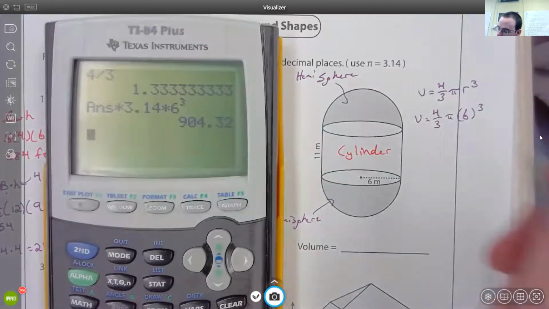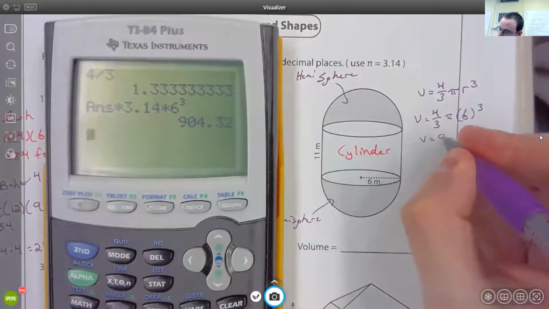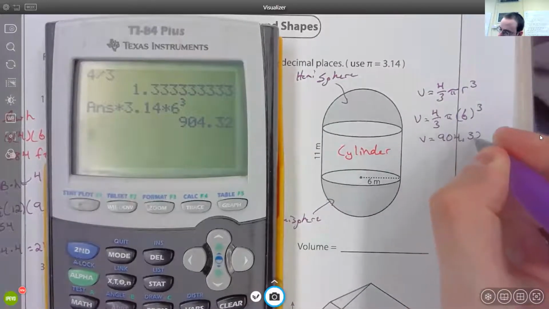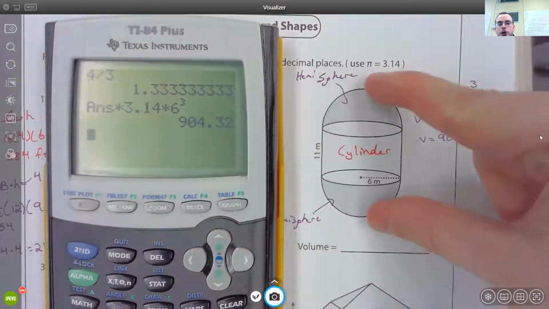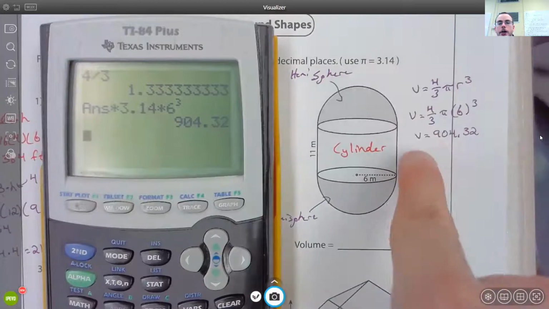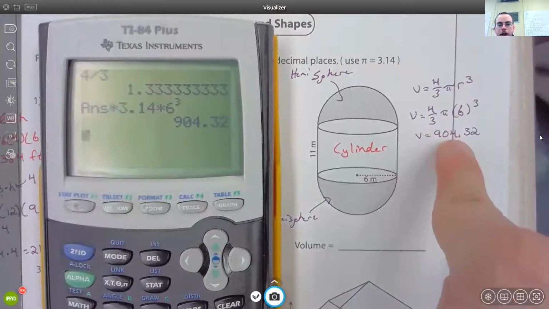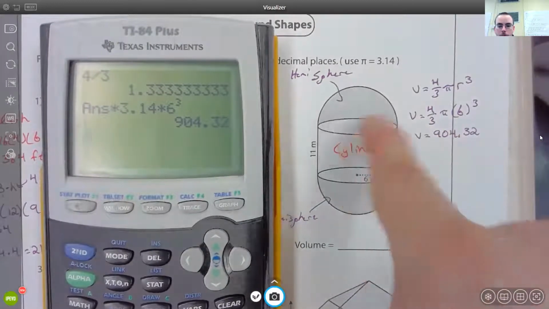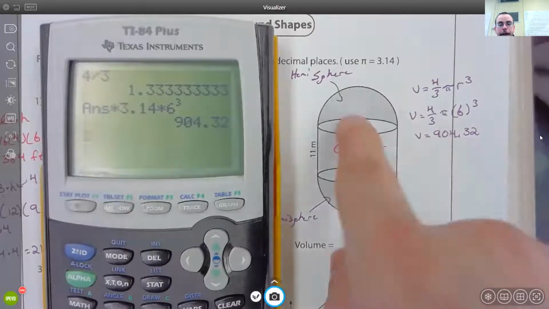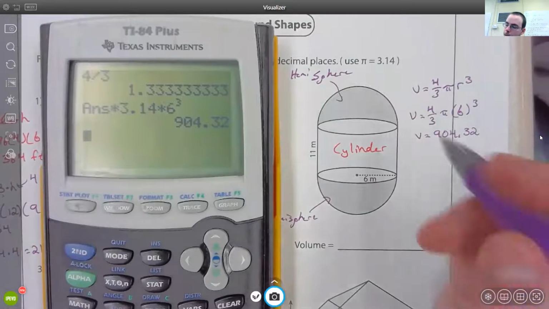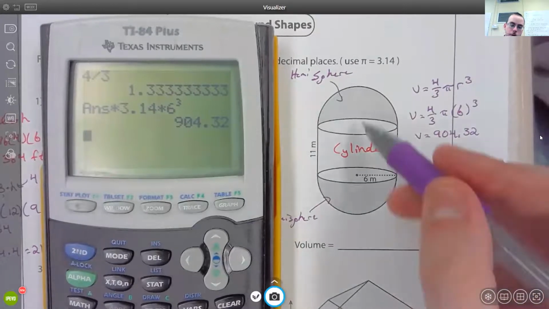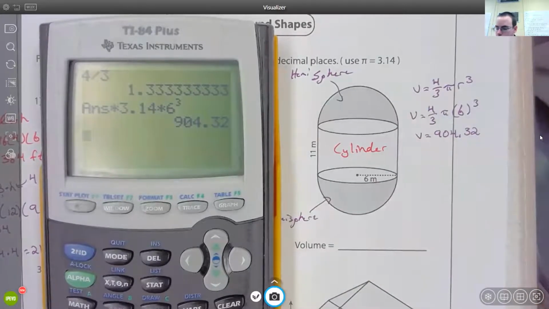That gives a volume of the total sphere of 904.32. Normally if you only had one hemisphere, you would divide this in half, but this time we have a full sphere because we have two identical hemispheres.